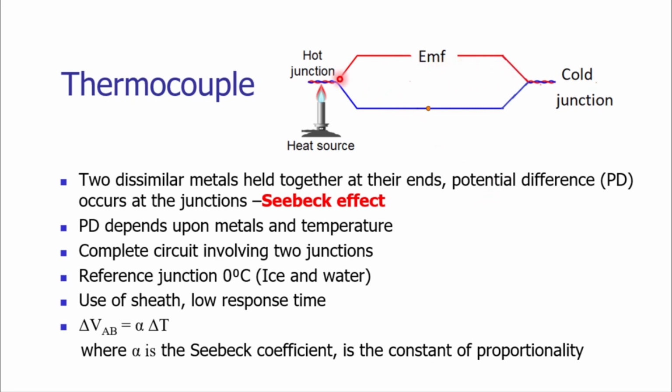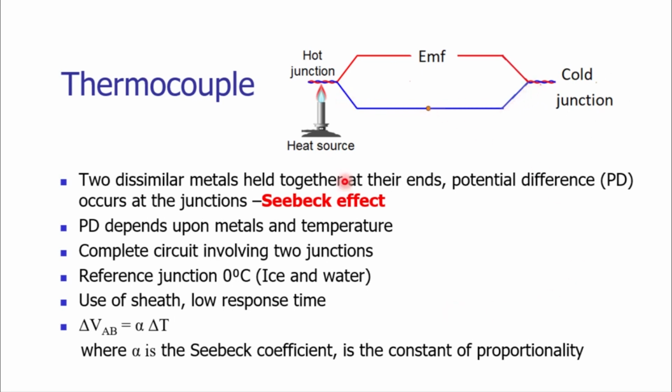But due to the movement of the electrons, there will be creation of vacancy at the hot junction. To balance it out, the electrons from the cold junction will move towards the hot junction. However, the energy at the cold junction is comparatively less, therefore the speed of electrons would be less.